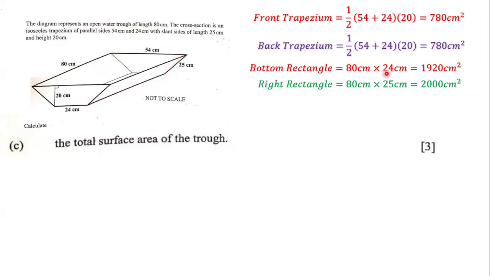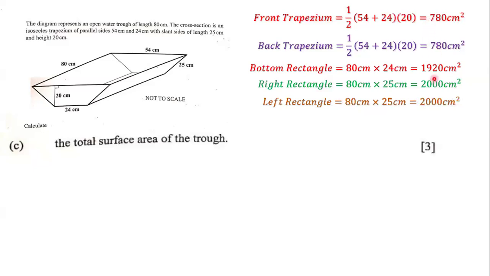So 80 centimeters times 25 centimeters gives us 2,000 centimeters squared, and that's the area of the right rectangle. Next, the area of the left rectangle is 80 centimeters multiplied by 25, because this right here is also 25. So 80 centimeters multiplied by 25 centimeters gives us 2,000 centimeters squared.